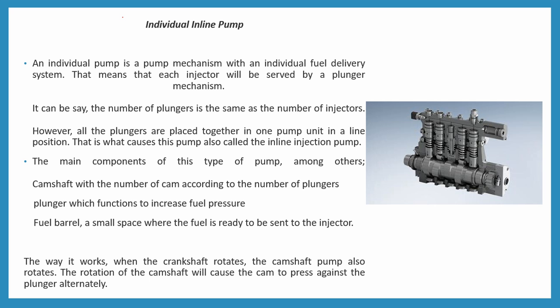The main components of this type of pump are, first, a camshaft with the number of cams according to the number of plungers. Number of cams on the camshaft and the number of plungers are equal.